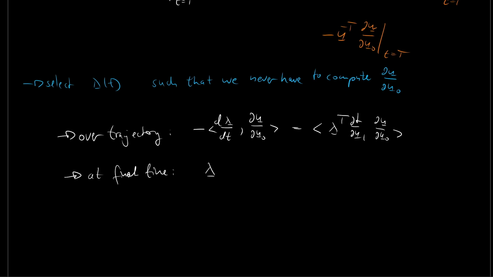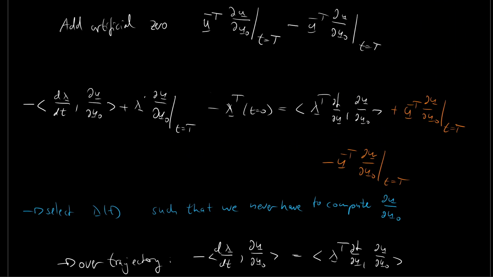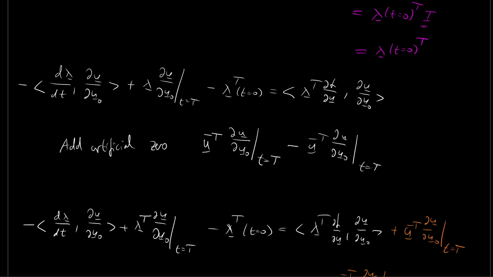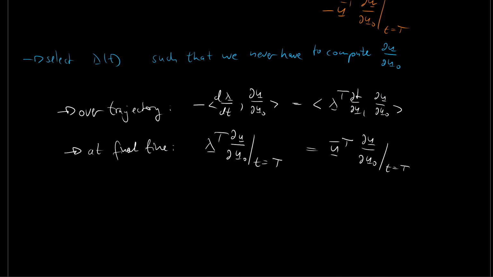So we will get lambda transpose du by du0 evaluated at t equals capital T is u bar transpose du by du0 evaluated at t is capital T. And I think I forgot the transpose here. Of course, there's a lot of things I should be keeping in mind here.